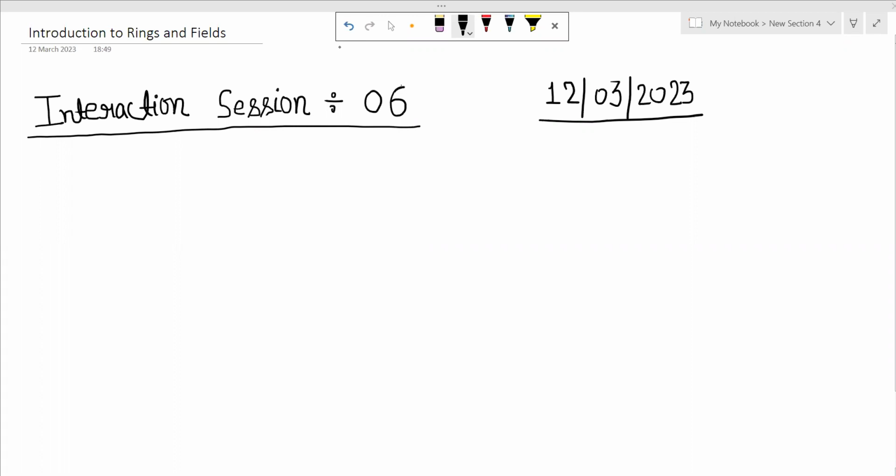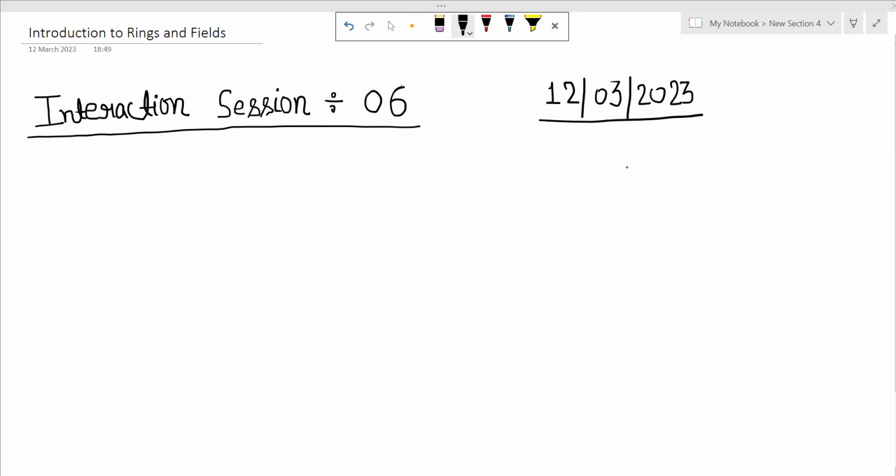March 26th. Okay, so after this only one interaction session, right? Yes, because for March 26, normally they will complete just one week before that. So after this only one interaction session, on the 19th. Yes.